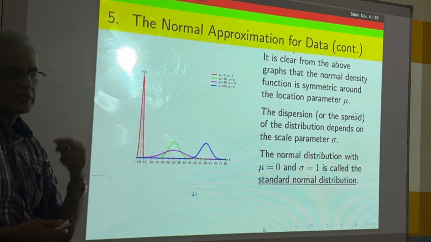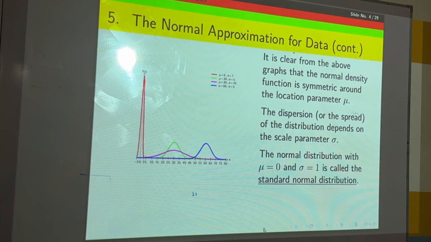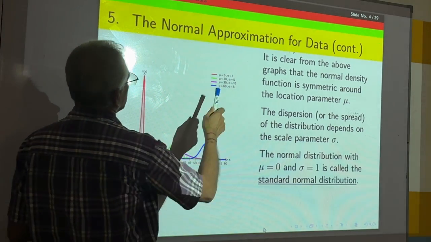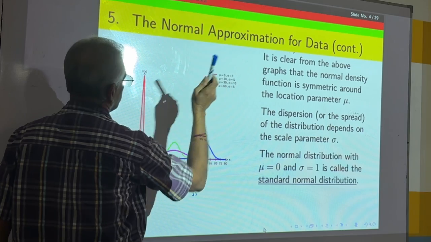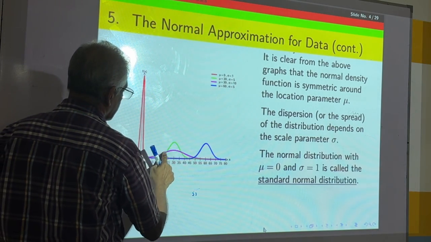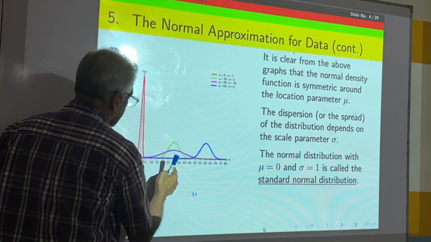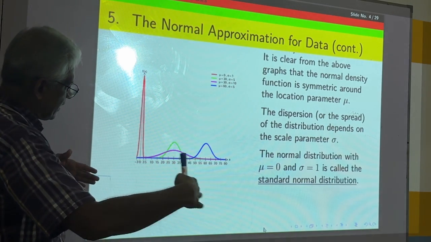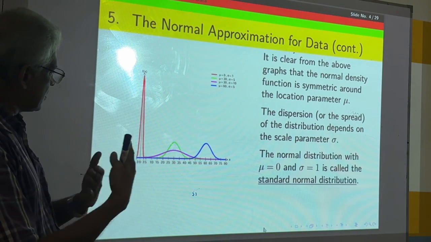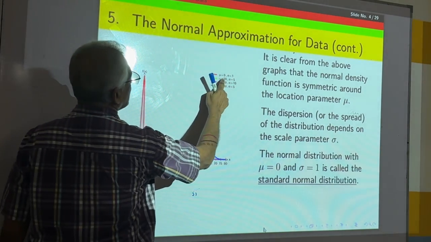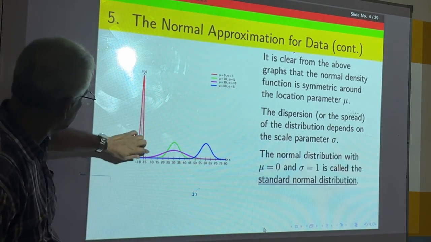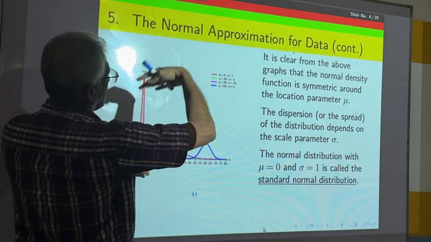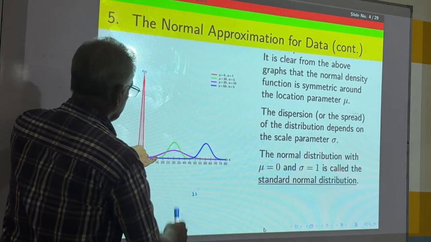The total area there is 100%. And for this green one, I have taken mu to be 30 and sigma to be 5. You can see that this green distribution is symmetric around 30. Mu minus 3 sigma is 30 minus 15, that is 15, roughly here, and mu plus 3 sigma is 45, that is here.